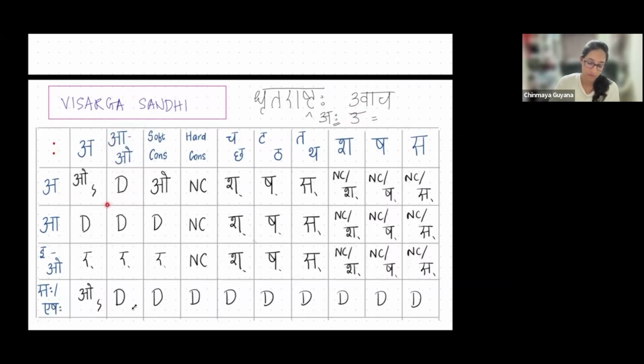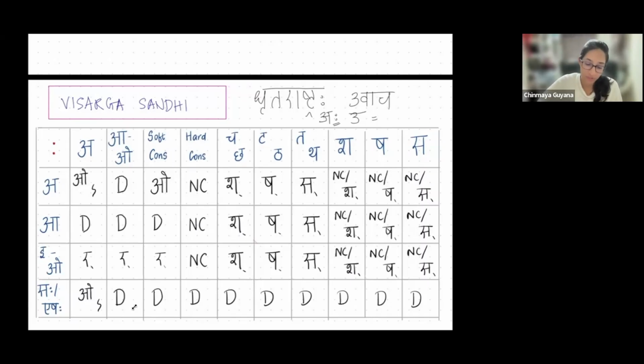A meeting u tells us D. D means what is happening to Visarga? Visarga is getting dropped. So my answer is going to be this Dhritarashtraha Uvacha is going to turn into Dhritarashtra Uvacha.